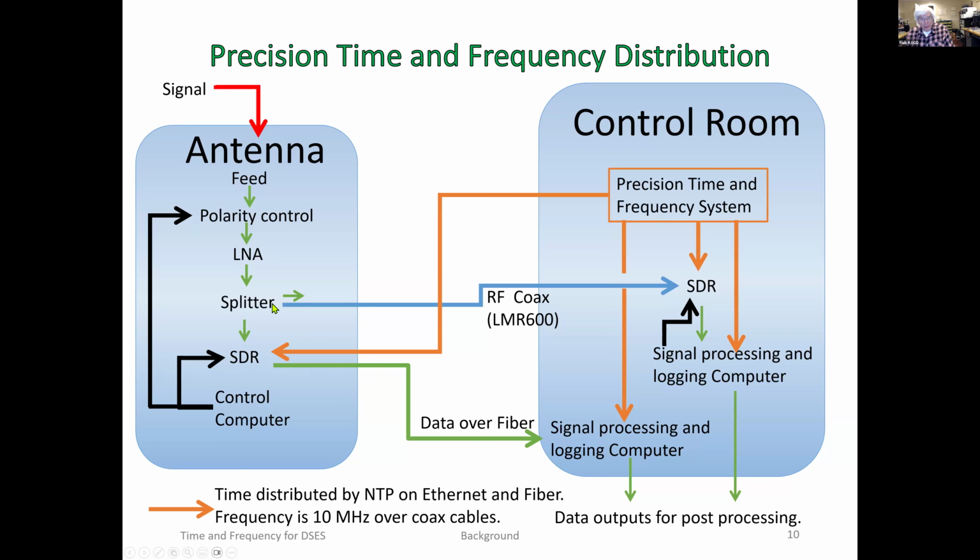At the same time, we fed that software-defined radio with a 10 megahertz reference from the new precision time and frequency system. The other end of the splitter sent the raw information to another SDR located in the control room, which was also fed with the same 10 megahertz.